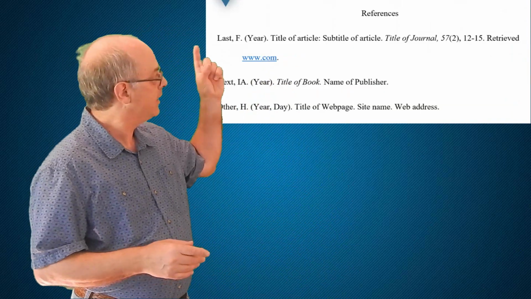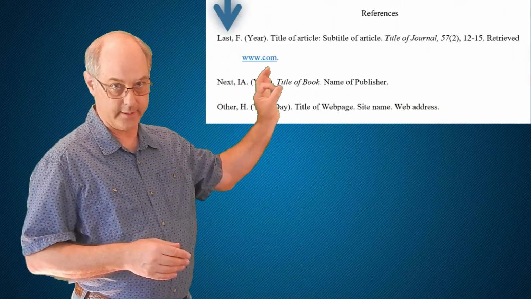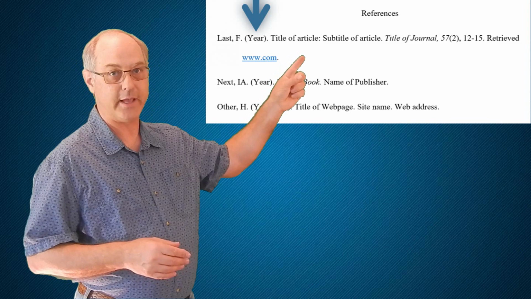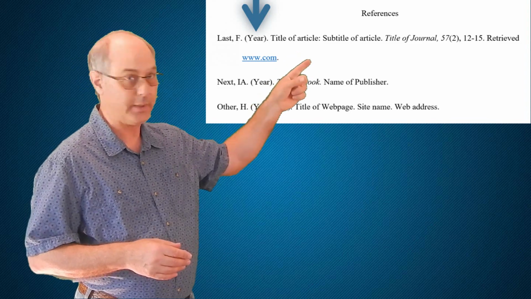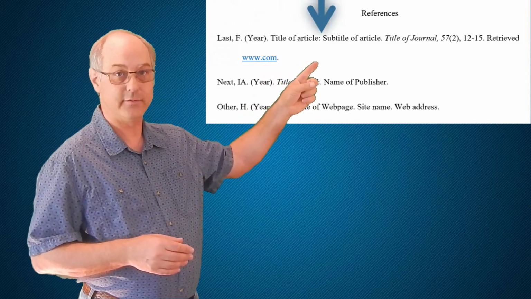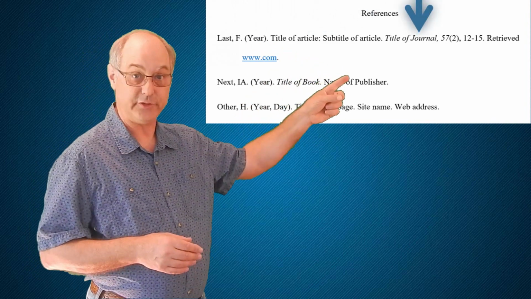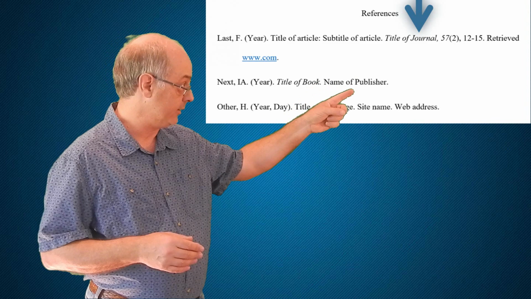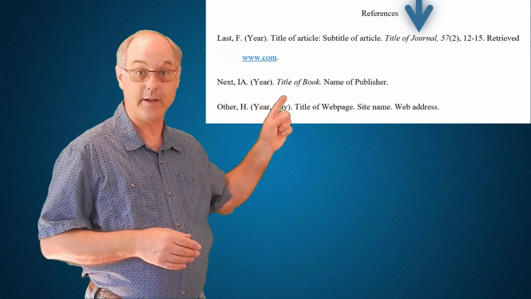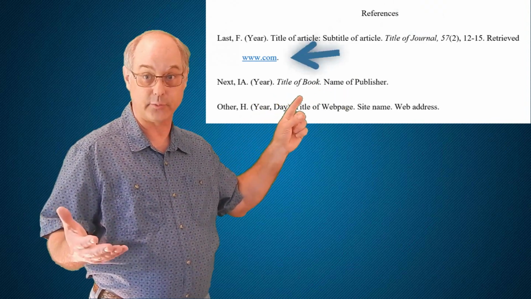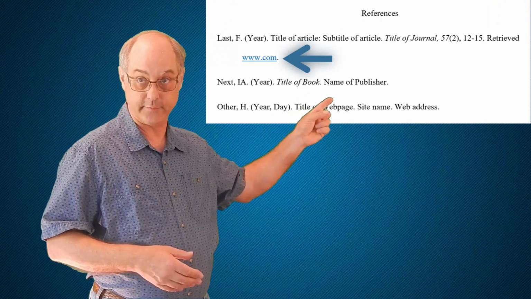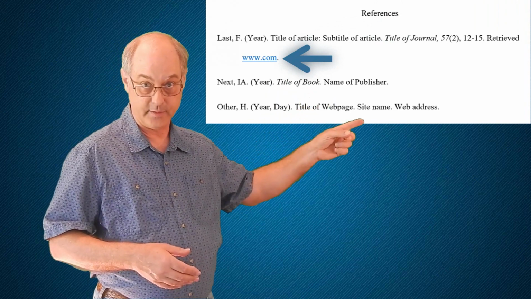You have author's name, period. Date of publication, inside parentheses, period. Title of the source, period. Source publication name, period. And if you got it from any kind of internet source whatsoever, your retrieval information, period.